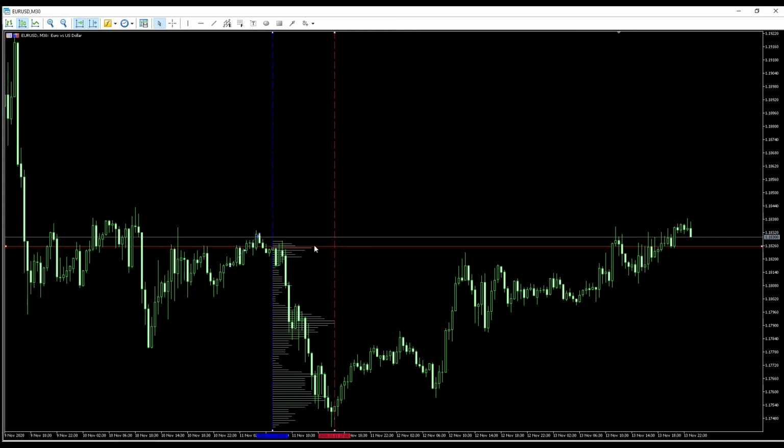So our point of highest volumes actually becomes this line, and as we can see here, this market level has been tested at this point here. Market came up, it tested these volumes, and it came down.